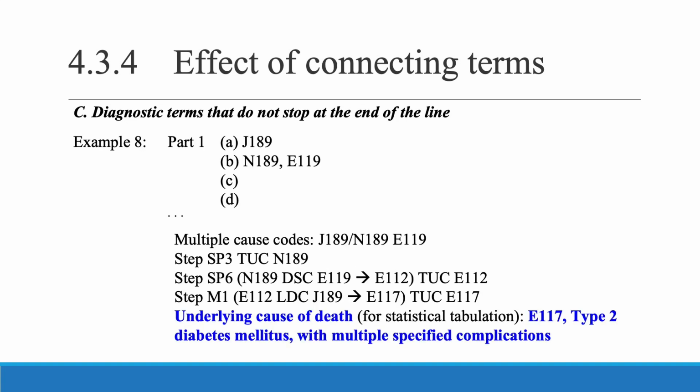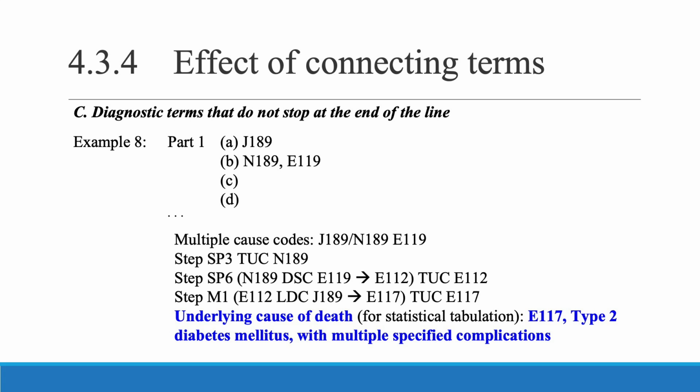Here we have the codes from the previous one and the process for selecting underlying cause, where we would apply step SP3 to select a tentative underlying cause of N18.9, and then step SP6 to combine that tentative underlying cause with the cause reported with it, the diabetes code, to yield a combination code of E112.